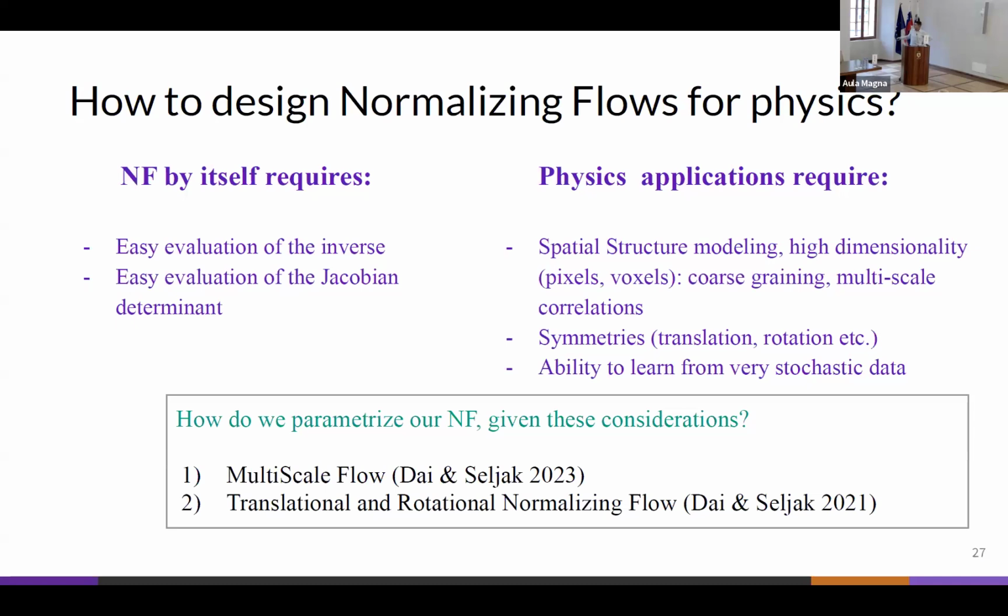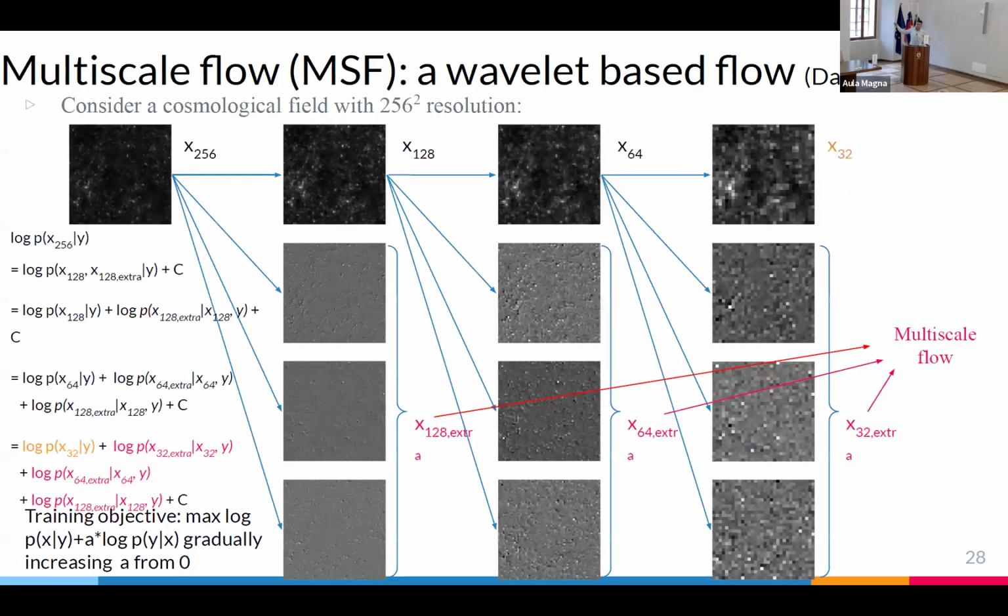and you need to have spatial structure modeling. Let me just give you one example, this multi-scale flow, where we decompose, using wavelets, the original map into a coarse-grained map and then three different maps. So this still has the same number of pixels. And then we learn these conditional dependencies: it's a joint probability distribution of this and this, given y.